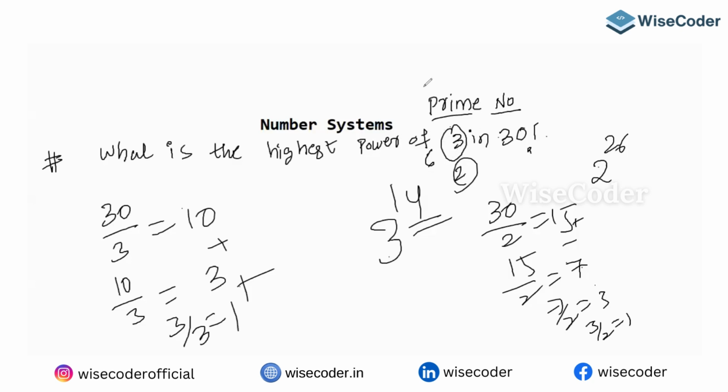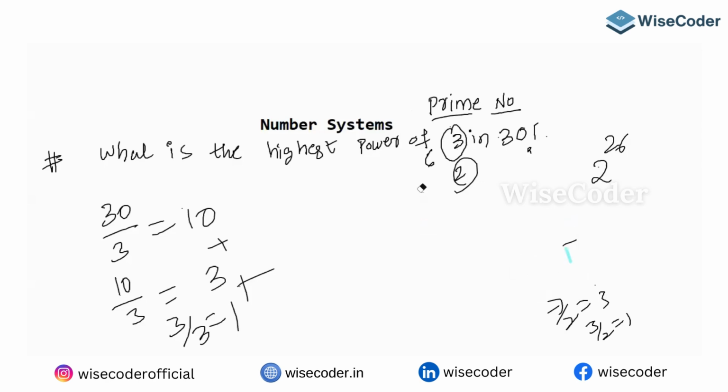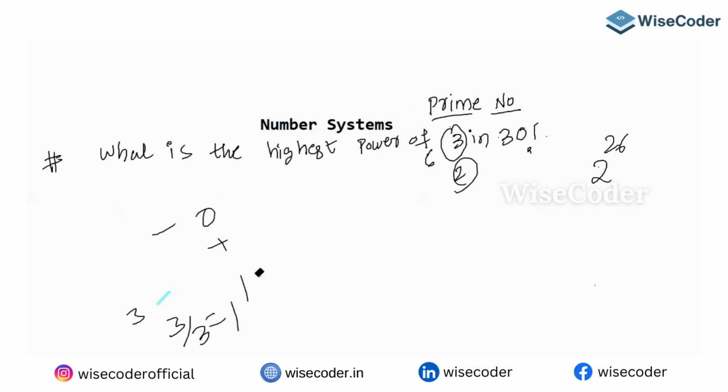This is the question. Anyone can ask you the highest power of 6 in 30 factorial, 40 factorial, anything. But if you are doing it like this, you are gone.